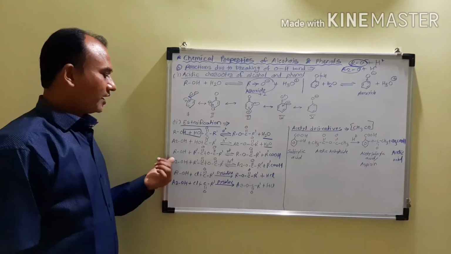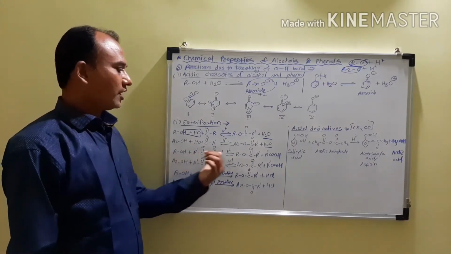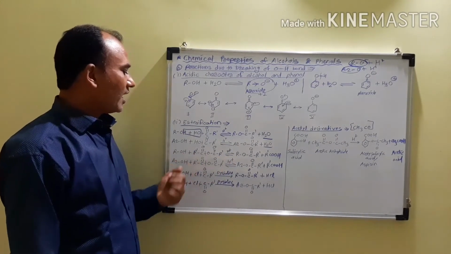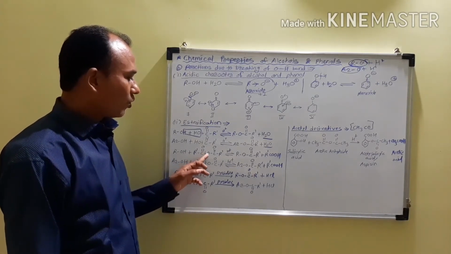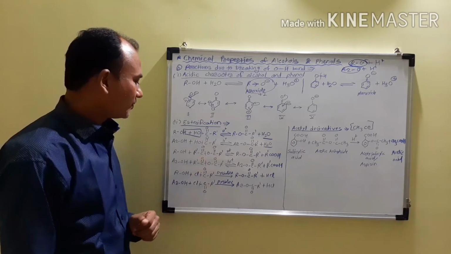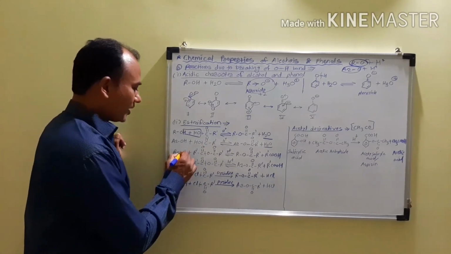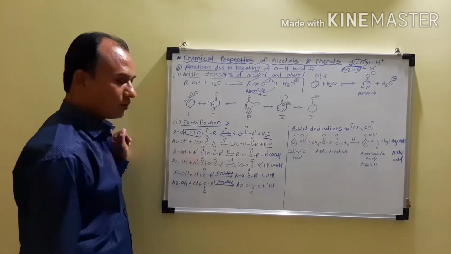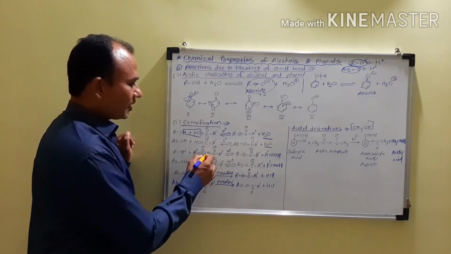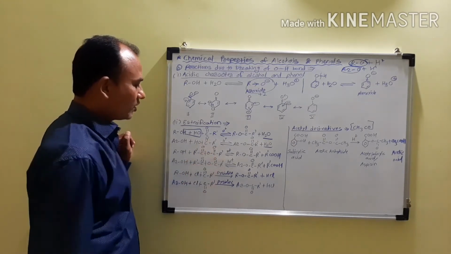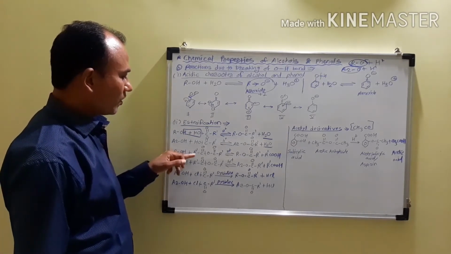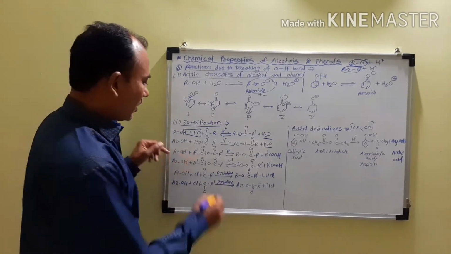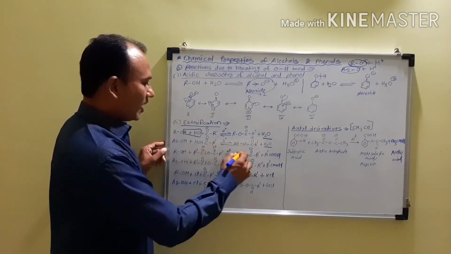The second reagent that we can use to convert alcohols into esters is the acid anhydride, having the formula R'C=O-O-C=O R'. In that case also there will be a breaking of the oxygen-hydrogen bond in the alcohol, and a breaking of the bond between the carbon and oxygen. That gets RO-C=O R'.